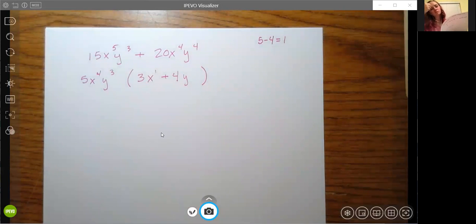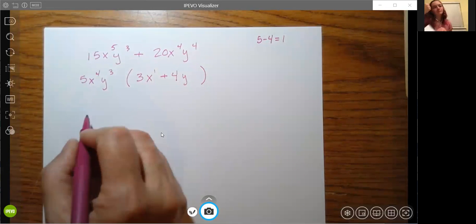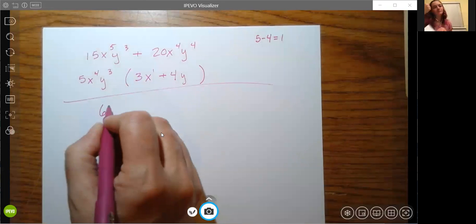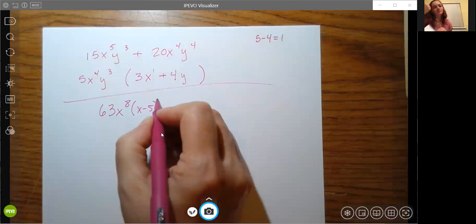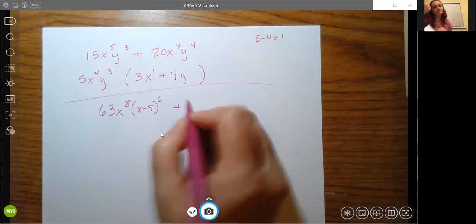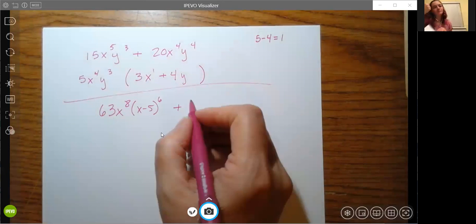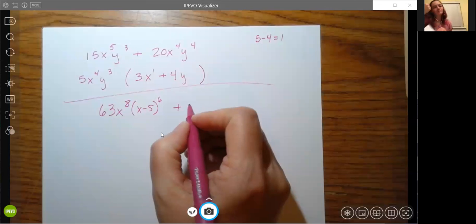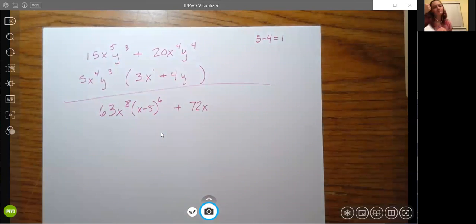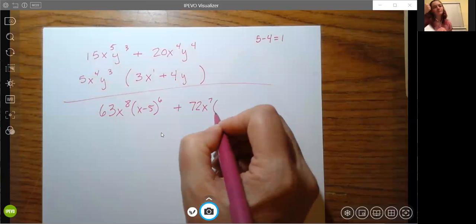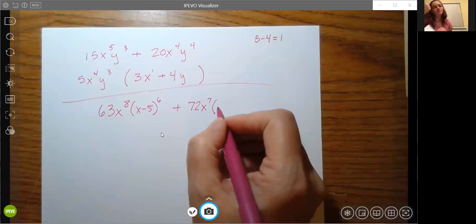So for example, on B there, tell me if I'm right with this. X to the 8th. Someone tell me the rest of this. It's cut off. 72x to the 7th. What's after that? X minus 5.